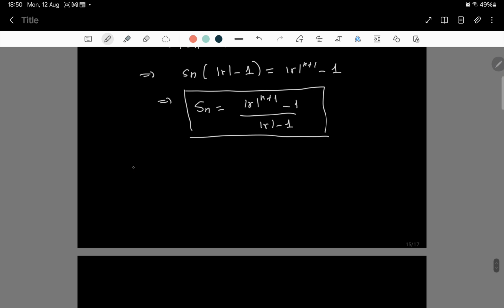Now for the second result, we take the limit of Sn as n grows to infinity. So this is the sum from 0 to infinity of r to the power of m.